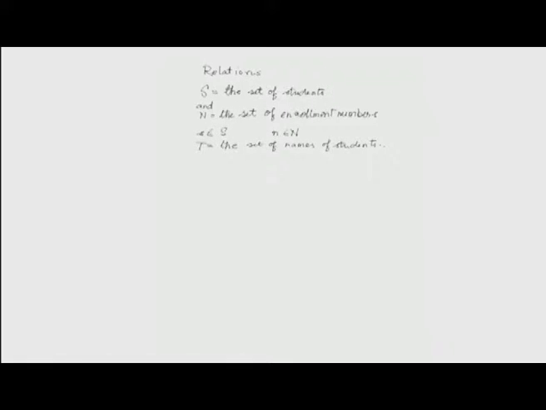Now, for each name, let us say t belonging to capital T, there is an enrollment number. For example, that number may be n belonging to capital N. Now, here we see that we may have the same name associated to different enrollment numbers, because there can be different students having the same name. So, we can have many such possibilities.